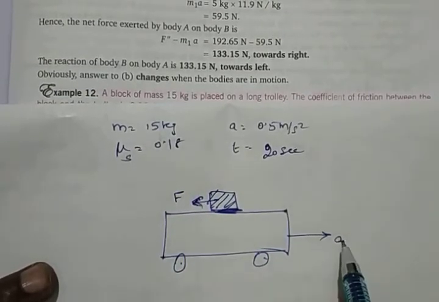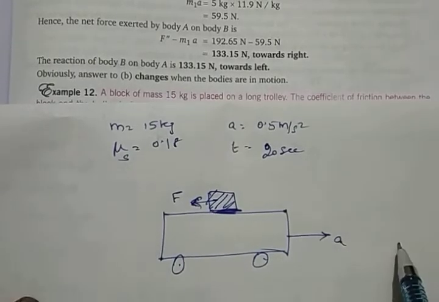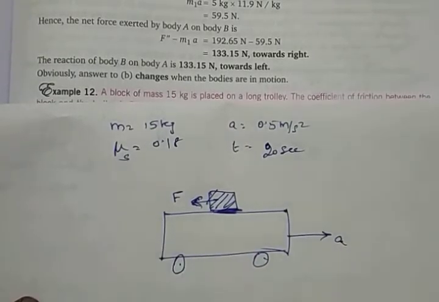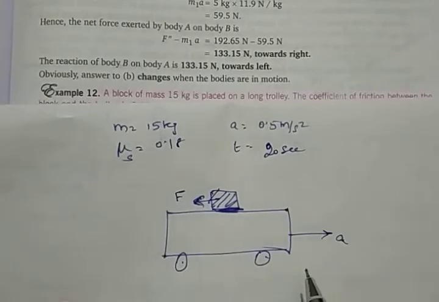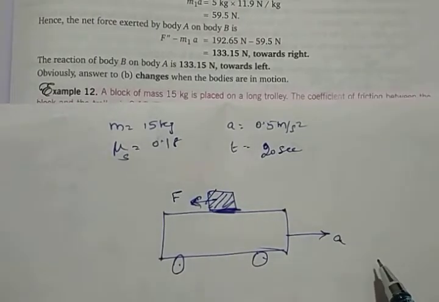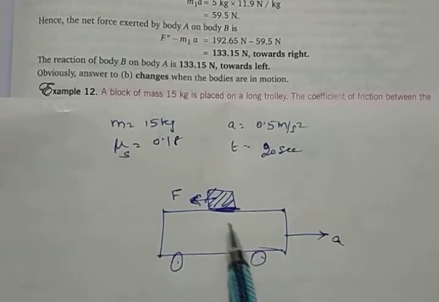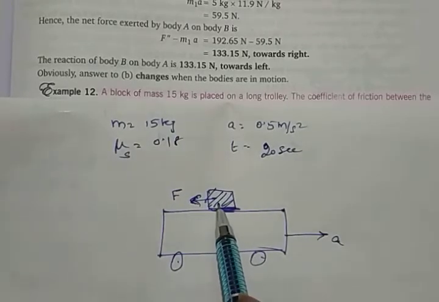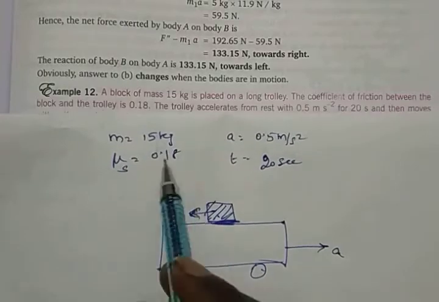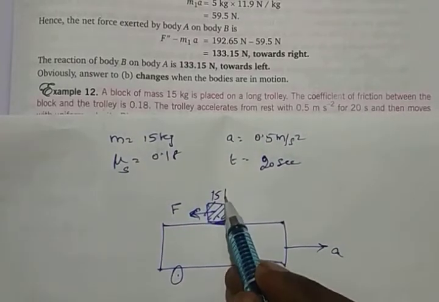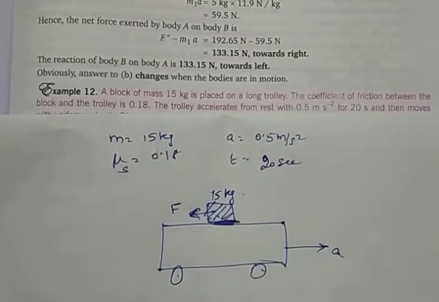The acceleration forward will give a backward push. Now first of all, we need to find out what is the force which is being applied here. The mass is already 15 kg.